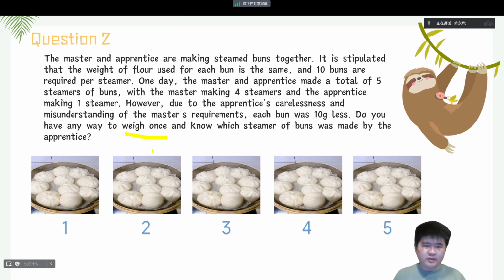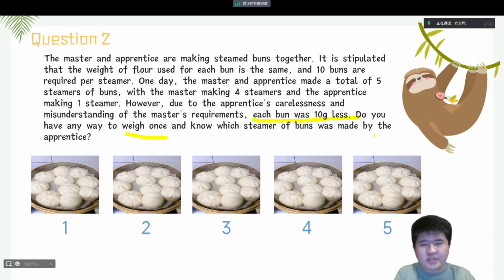Why should we do that? Do you still remember, each bun made by the apprentice was 10 grams less. So we can compare these 15 buns' weight with the required weight, and we can find a difference. It must be a multiple of 10.